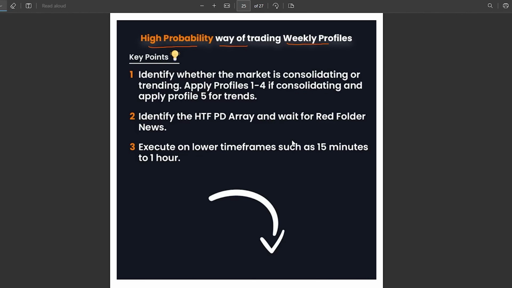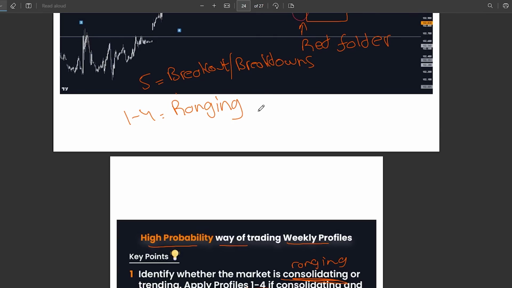Now the three steps to consider for trading weekly profiles in a high probability manner are: first of all, identify whether the market is consolidating or trending, that is, either it is ranging or trending. The first four profiles that I have told you above, 1 to 4, are for consolidating or ranging markets, and the fifth profile is for breakouts, breakdowns or trending markets.